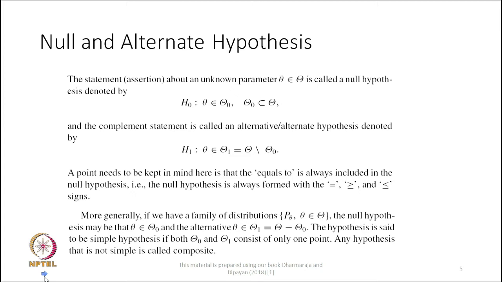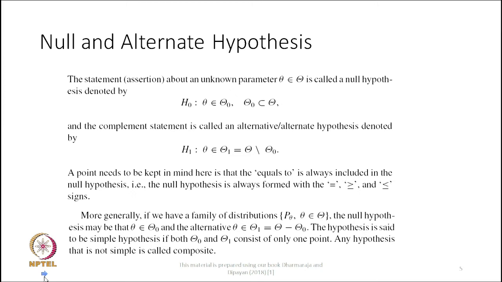Suppose the capital theta consists of only two values, theta naught and theta 1, and H naught is theta belonging to theta naught, and H 1 is theta belonging to capital theta minus theta naught, that is, other than theta naught.